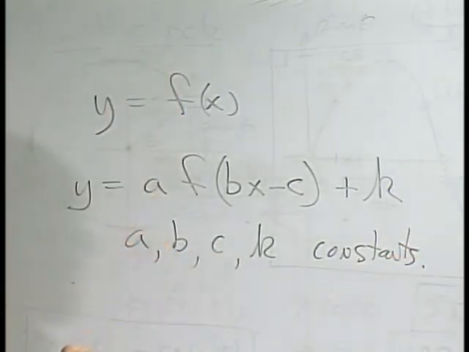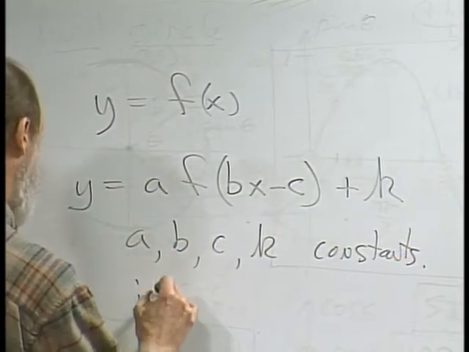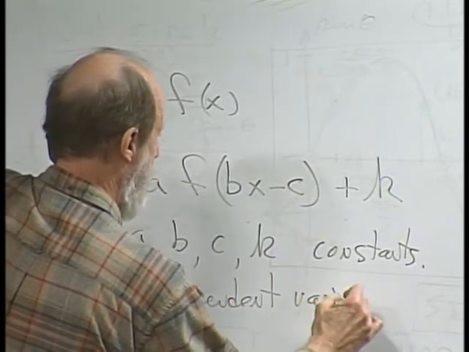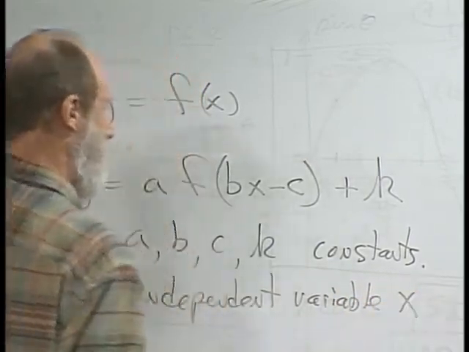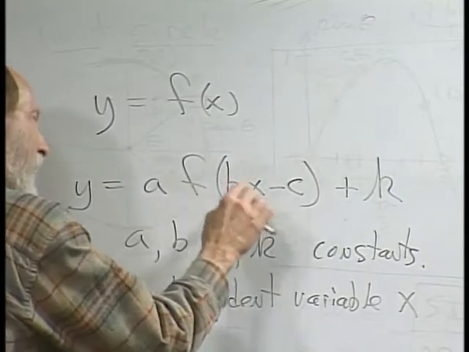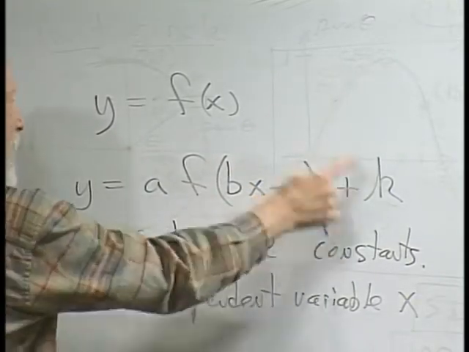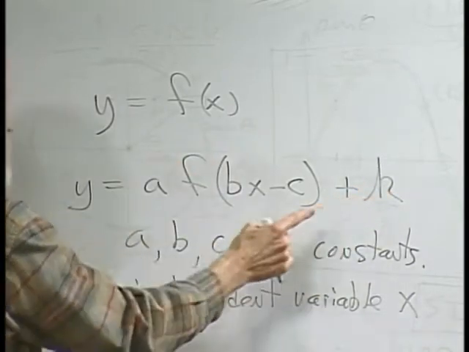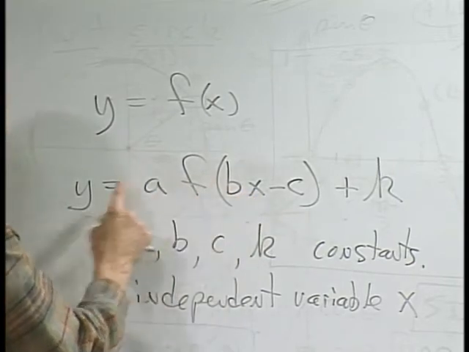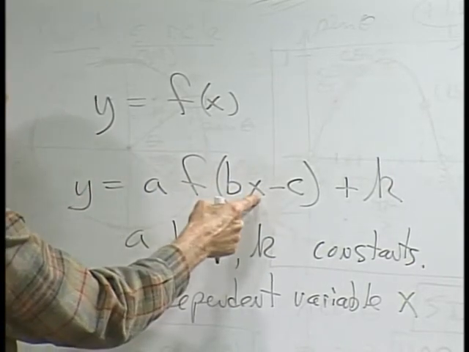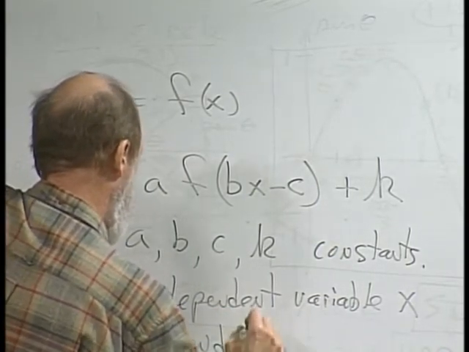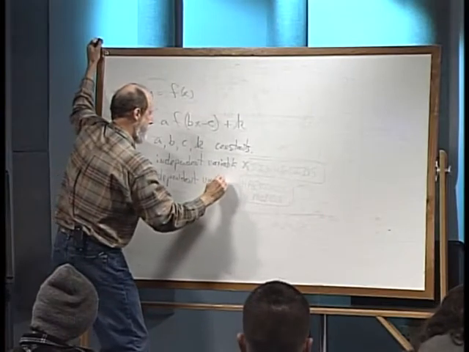The independent variable is X. The dependent variable is after you put a value in for the independent variable and you calculate this result, the y value depends upon what x is. The y value, the output, depends upon what the input is. So the dependent variable is y.